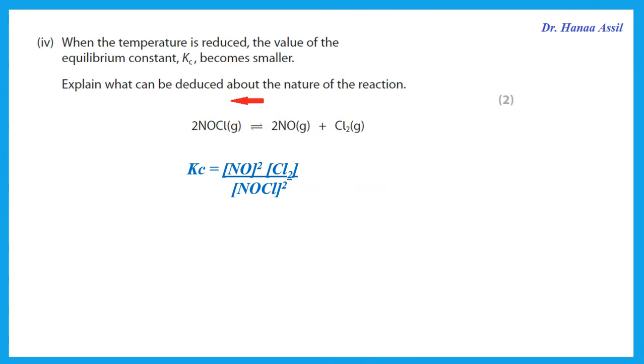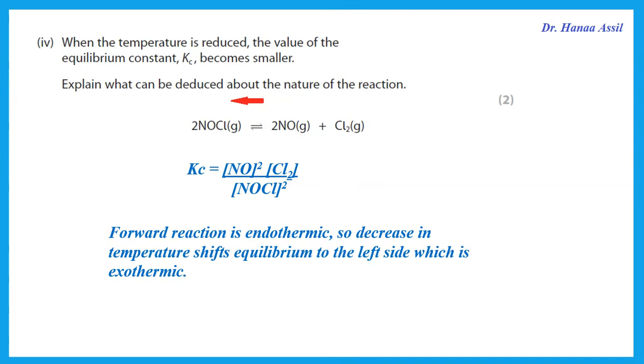So if it goes backward when temperature is decreased, that means that backward is exothermic, and that means the forward is endothermic. So that decrease in temperature shifts the equilibrium to the left, which is exothermic.